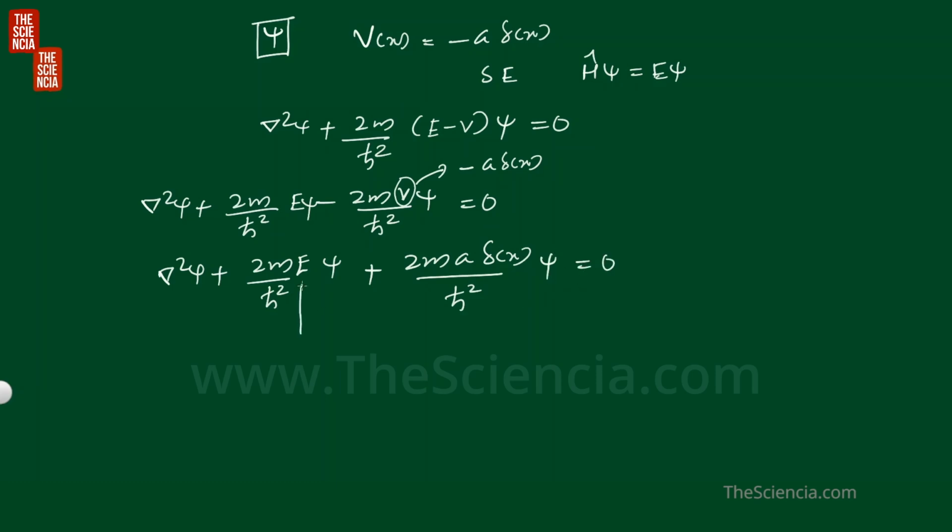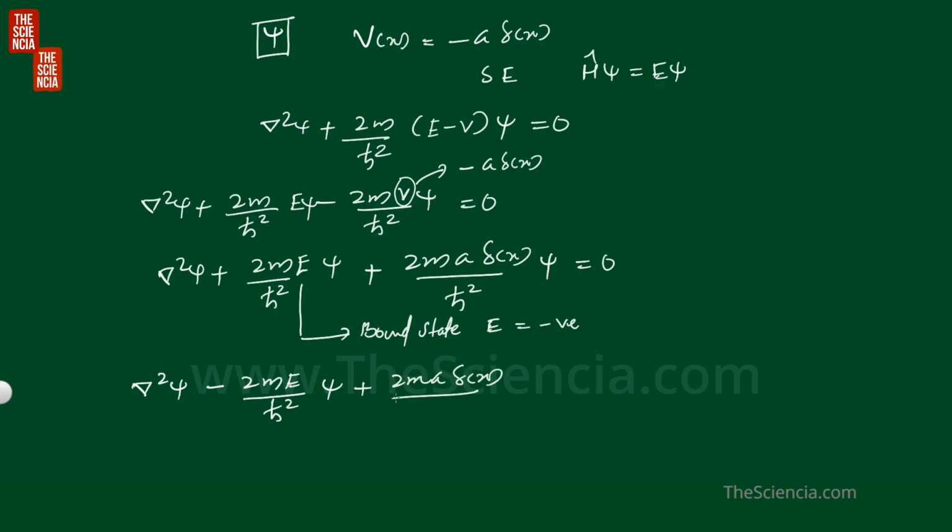Here I told you, for this particle to be in a bound state, the energy E should be negative. So we can rewrite this Schrodinger equation as follows, that is del square psi minus 2m E by h cross square psi plus 2m a into delta of x by h cross square psi equal to 0.